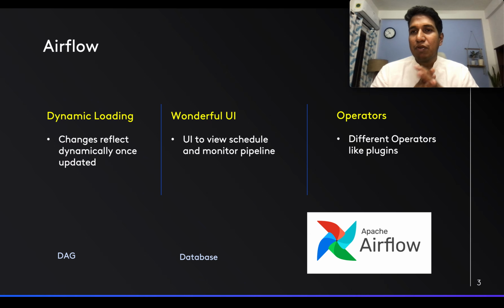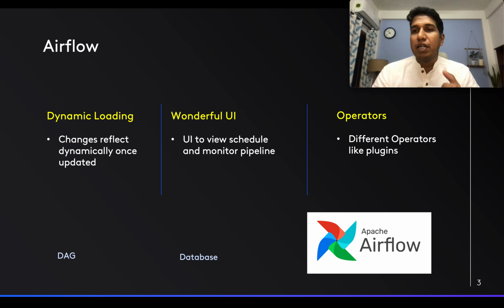Second is that wonderful web application which they provide, where you can see how your pipeline looks and what actually happens, how you can monitor it, you can trigger a lot of functionalities there. Finally, it also has a concept called operators, which could be considered as plugins in other ETLs like NiFi, which helps you extend and build different kinds of pipeline.